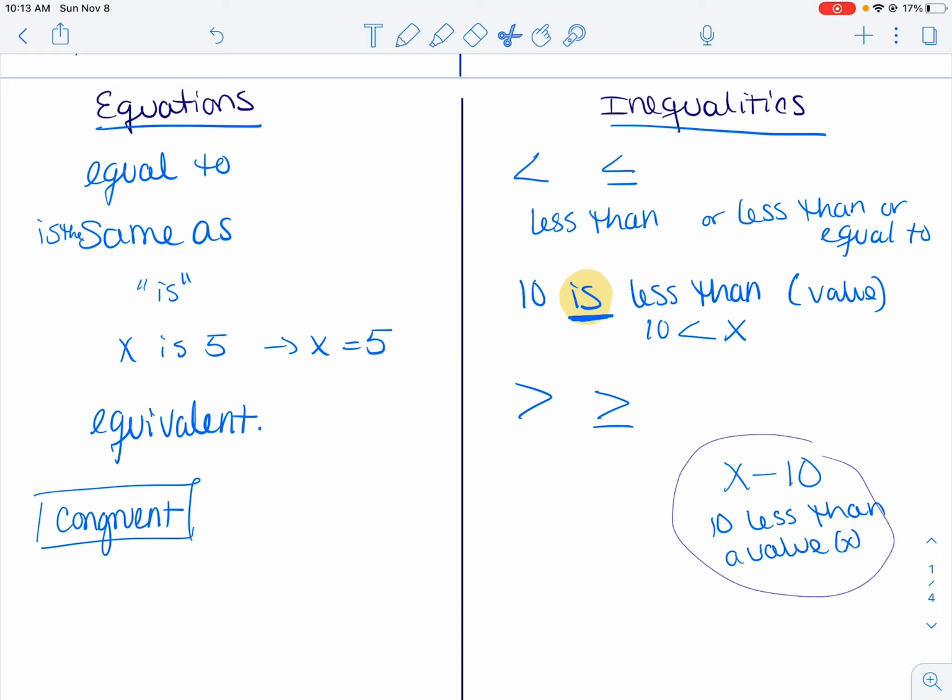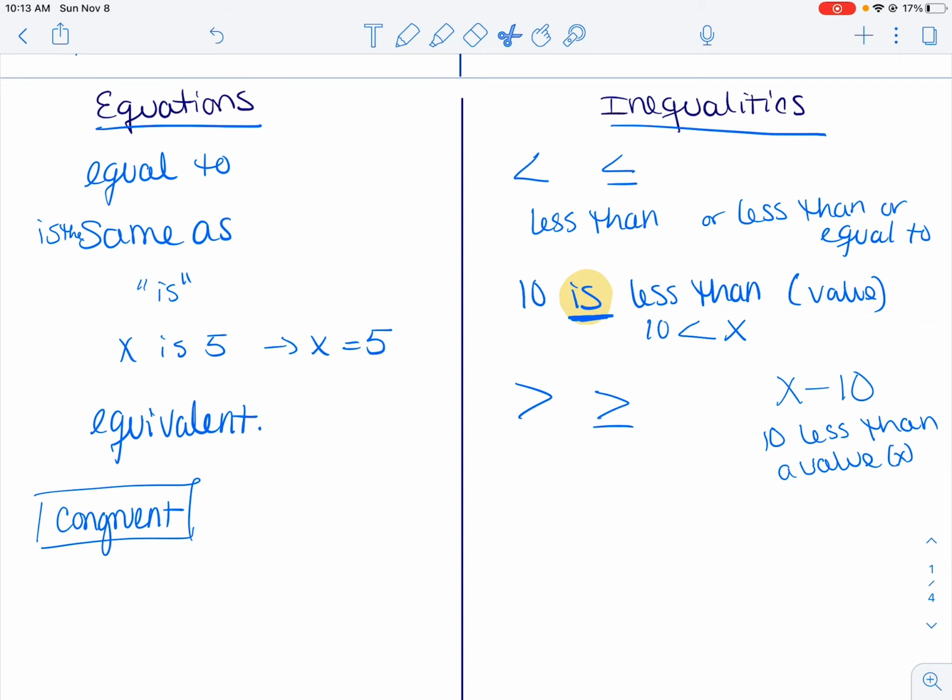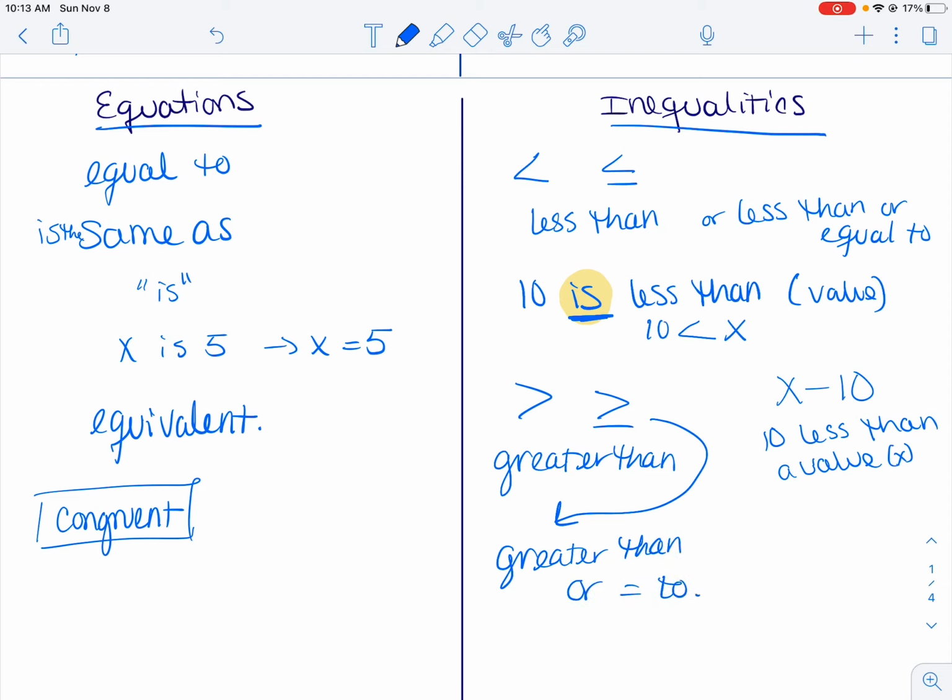And then lastly, we have greater than, or greater than or equal to. Same thing holds true there. You want to see the phrase is before these terms if we're actually going to use the symbol.